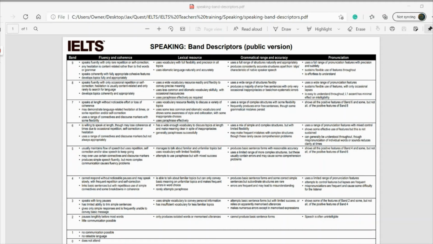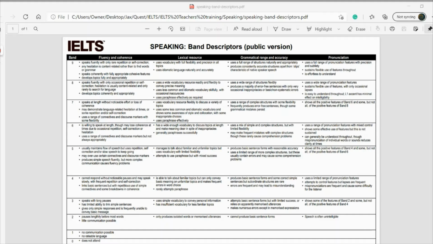Let's have a look at the speaking band descriptors. If we look at the left side of the page, we can see the band numbers. Each band number row includes the requirements to reach said band score. Let's have a look at these requirements. Our first column is fluency and coherence.